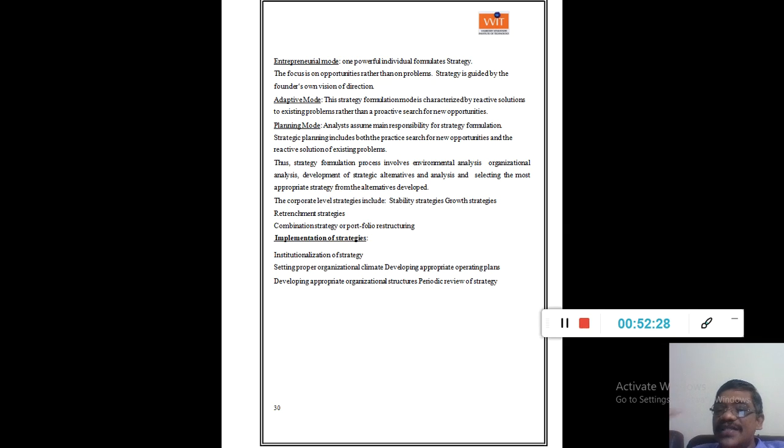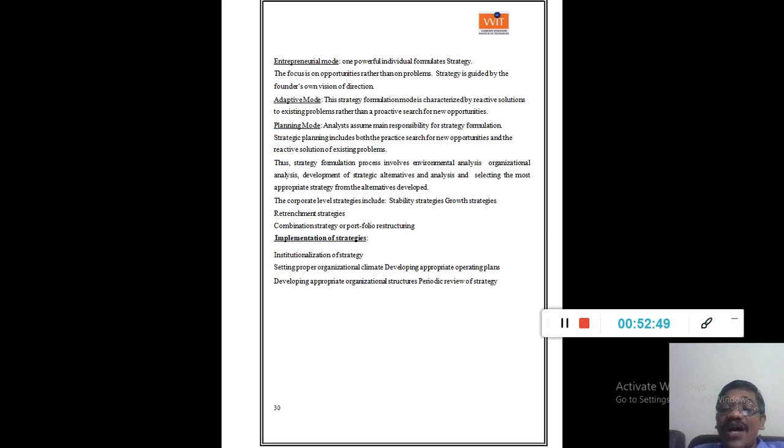How do you implement the strategy? By institutionalization of strategy, by setting proper organizational climate, developing appropriate operating plans. So plans should be implemented.